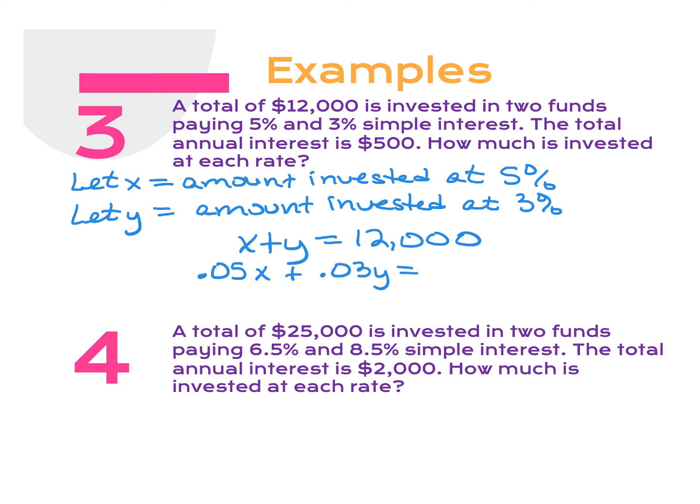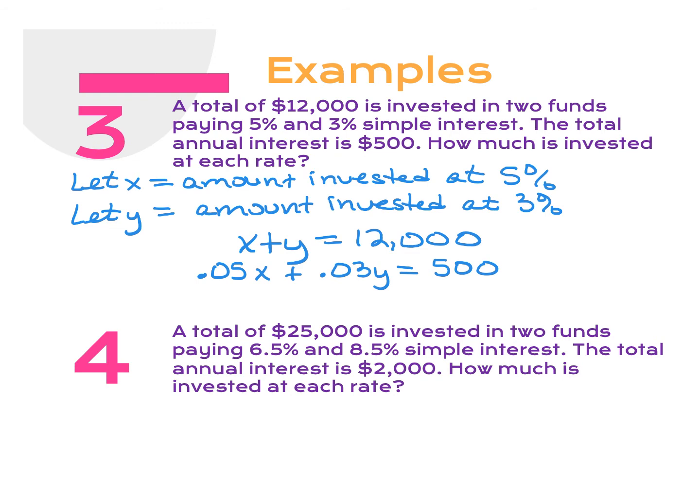And the amount of interest was $500. I now need to solve for both x and y. The amount I get for my variable x is the amount of money out of the 12,000 that was invested at 5%. And then once I solve for y, it'll be the amount that I invested at 3%.